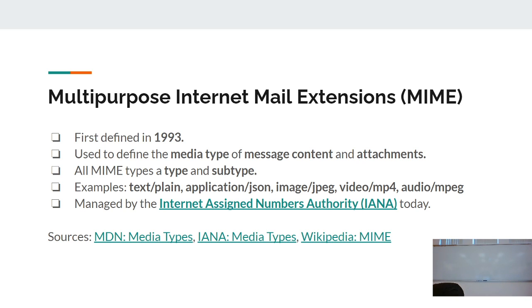If it starts with application, it's like, well, we don't really have a way to categorize this, we'll stick it here. Or oftentimes, if it starts with application, you have to have a specific kind of application to use it. So for instance, all of the types for Word documents and Excel documents, etc., start with application because they're not text documents. You need a specific application to open them.